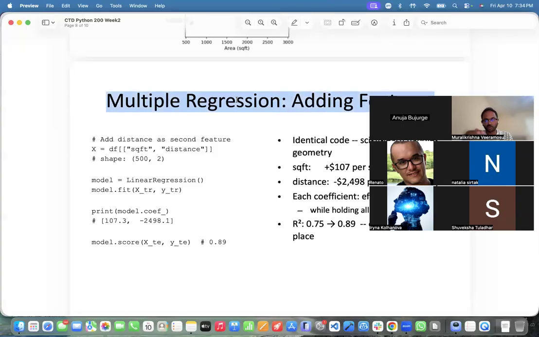Then let's say we are adding one more feature. It's not one feature now, we are adding distance to the input, right?